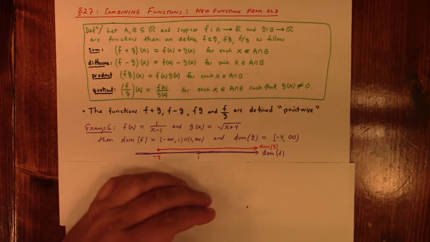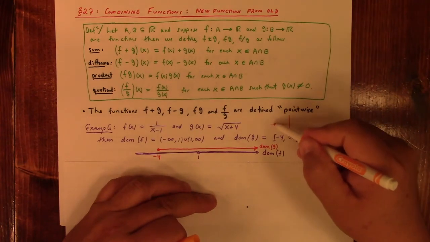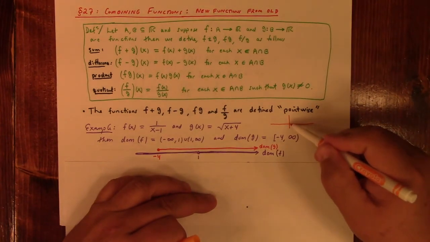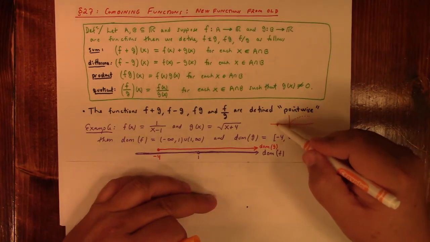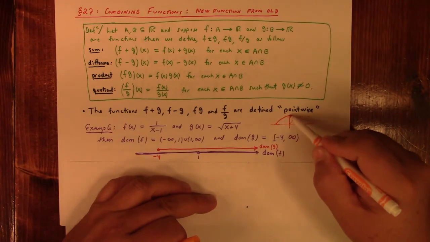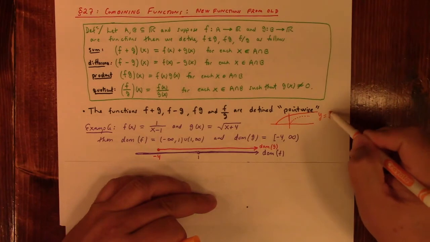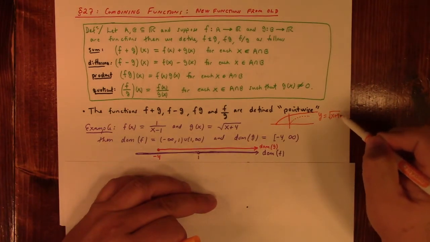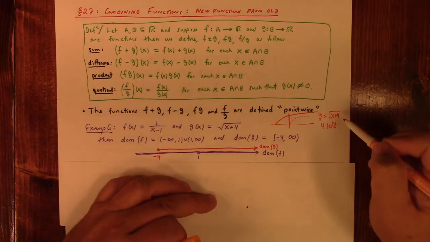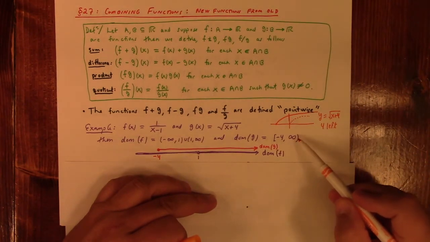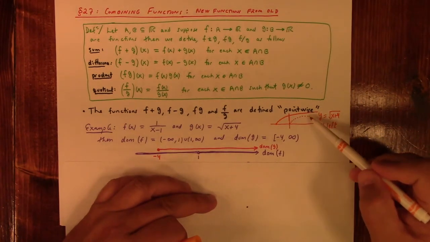From the perspective of transforming graphs, you could see the domain of the square root of x plus 4 as taking the square root of x, which looks like that, and then moving it 4 units over here, right? So if you think about that as y equals the square root of x plus 4, it's 4 left, right? And since we've moved 4 to the left, that gives us a domain minus 4 to infinity, because of course the domain of the square root function was 0 to infinity, right?